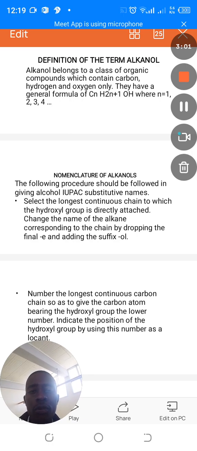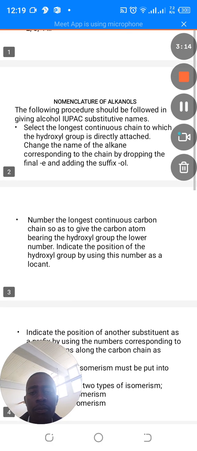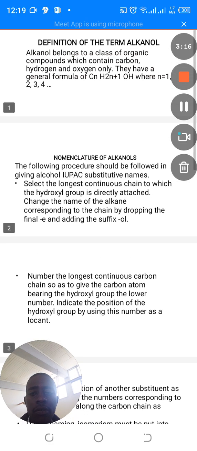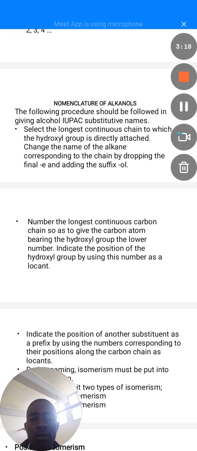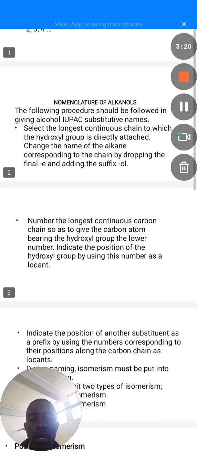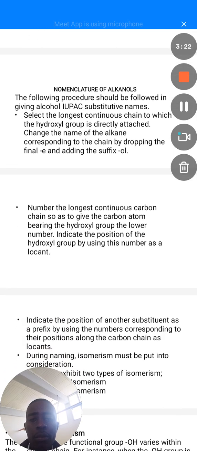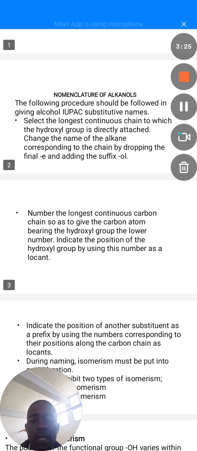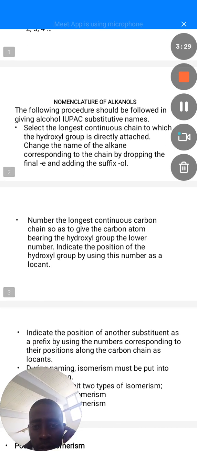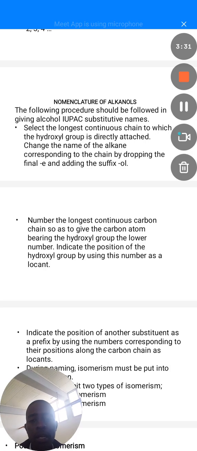If you observe well on your screen, you can see that formula that we can use to know that particular alcohol. Now, the second objective concerning our topic is nomenclature, or naming of alkanols. Just the way we named the other hydrocarbons, that is the same procedure we are going to use when naming alkanols.